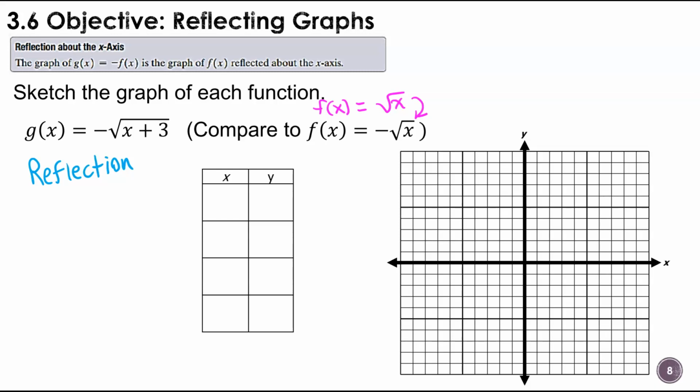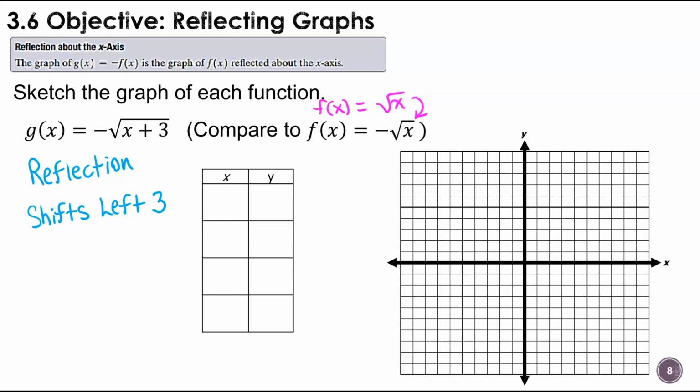And then it makes it easier for us with the g of x function because it reflects and it shifts. Oh, I keep going back and forth with my colors here. Shifts left 3.